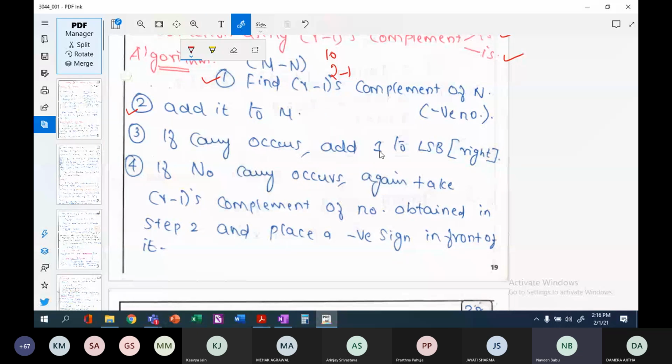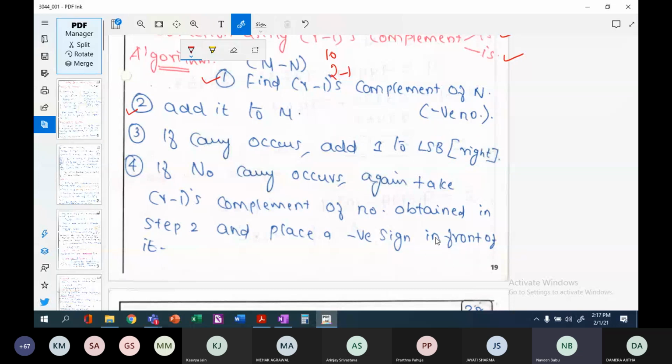you will add that particular one carry to your LSB, the rightmost digit. Even if you come across decimals, you have to add it with 1 to the rightmost bit. If there is no carry, then you have to again take the r minus 1's complement of that particular number and put a negative sign in front of it.